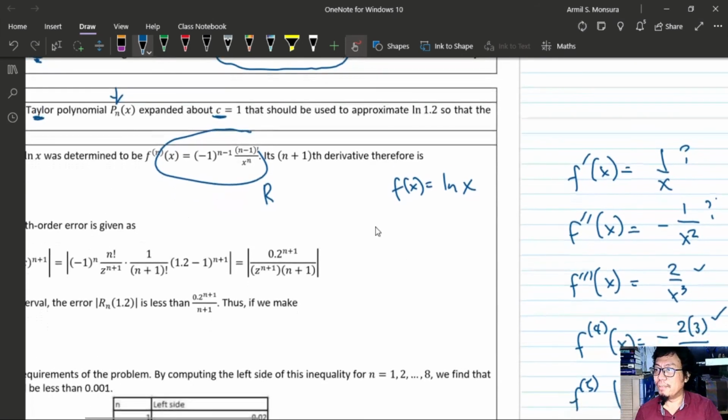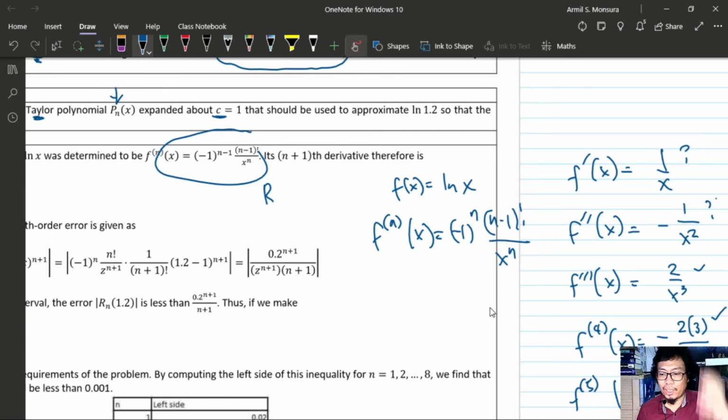So that's the nth derivative of your polynomial. That's negative 1 raised to n times n minus 1 factorial over x raised to n. And again, your skills in inductive reasoning will be very useful.